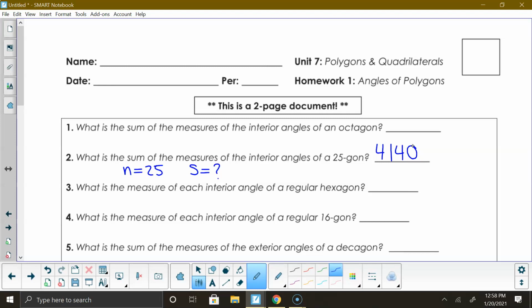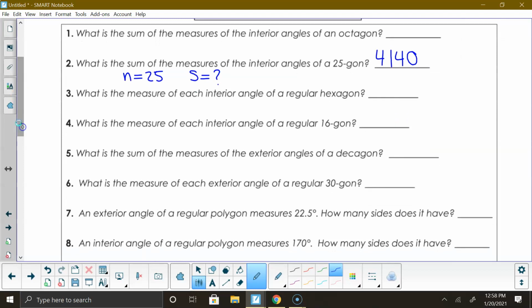Anybody struggling with the buttons on the calculator? Alright, number 4. We need to do the tennis ball thing. Someone read me number 4.